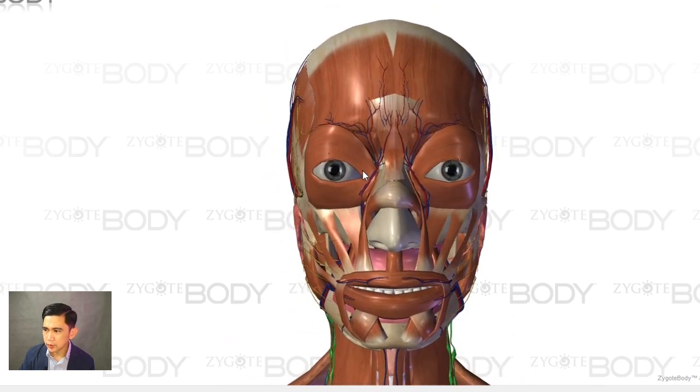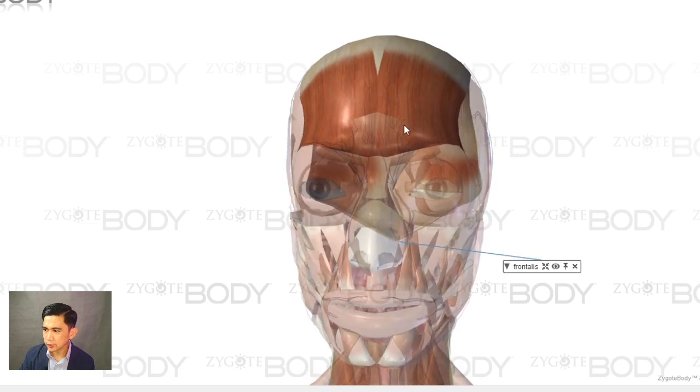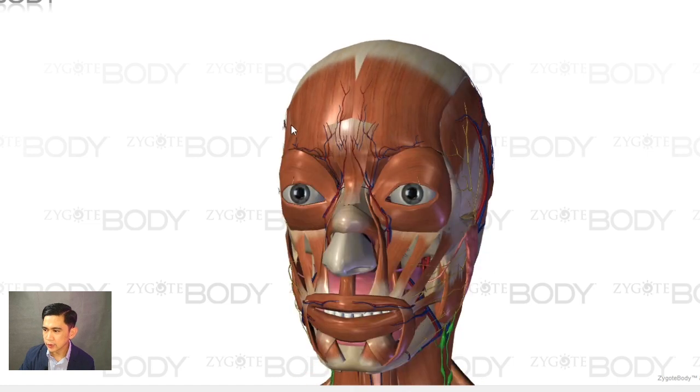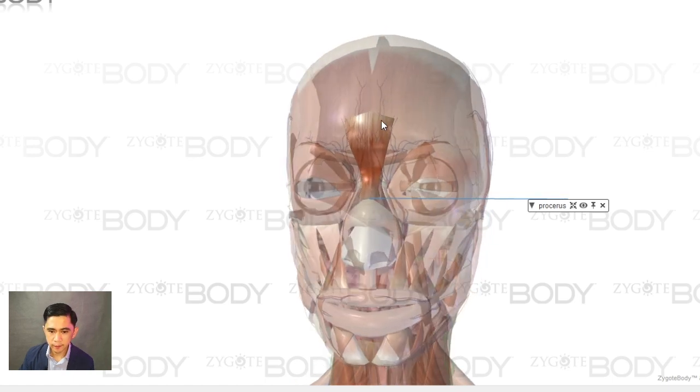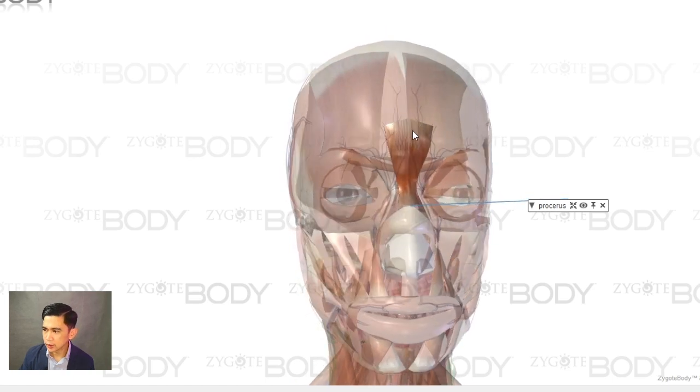So we have the frontalis muscle. Okay, so it inserts into the eyebrow. We have the procerus muscle. It's midline. It controls the skin in between the eyebrows.